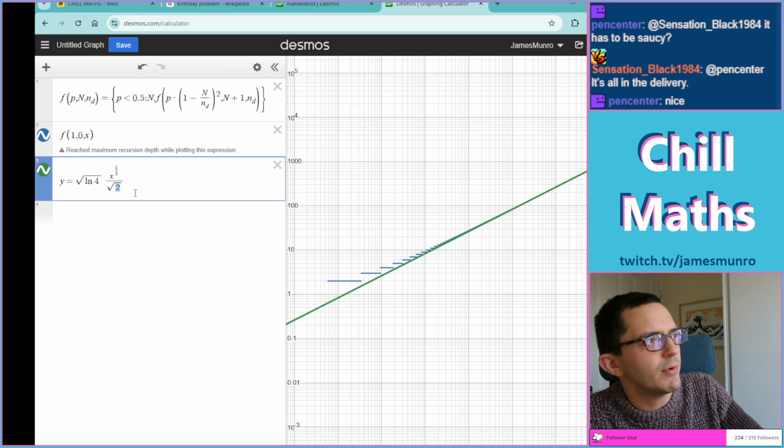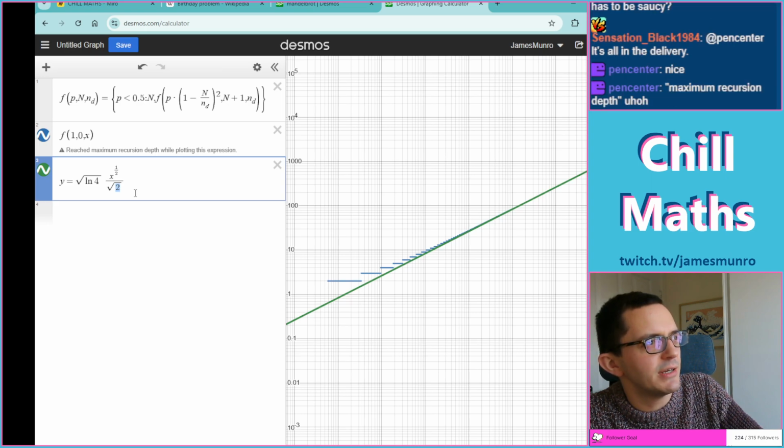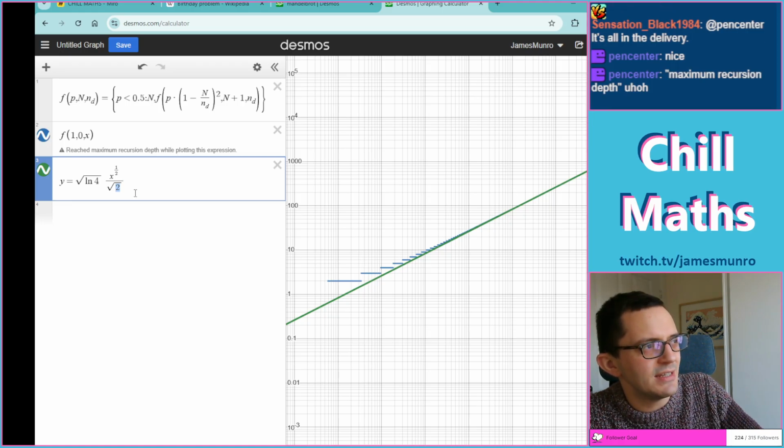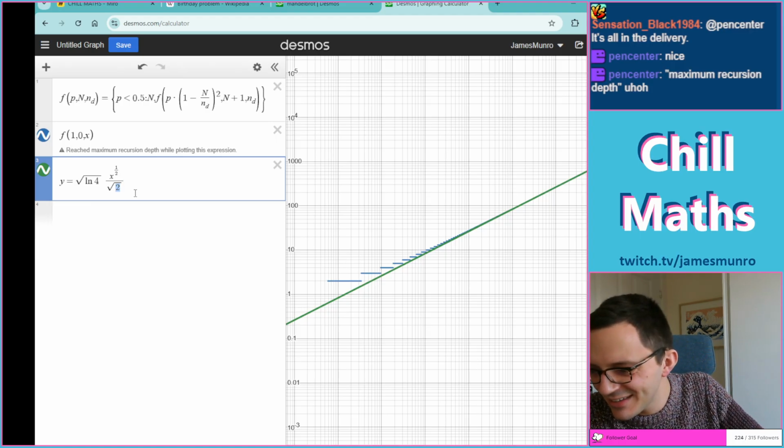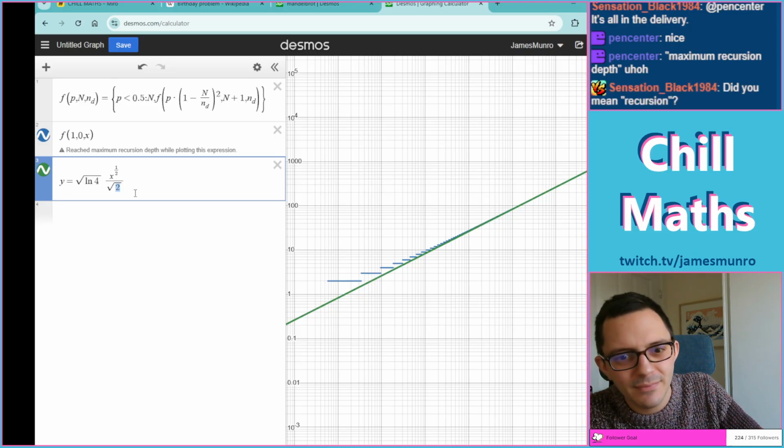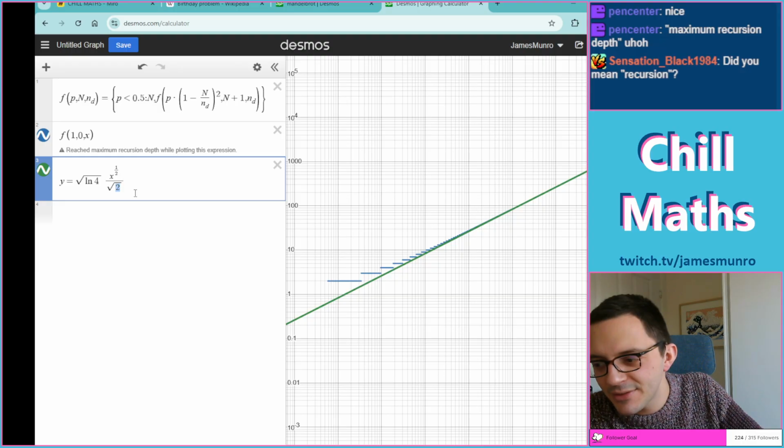This is a 3 Blue 1 Brown Matt Parker collaboration in a recent video, isn't it? The distribution of the minimum is something like the distribution of the square root, or maybe it's maximum and square root. I've seen that before. We've got, yeah, we've hit maximum recursion depth.